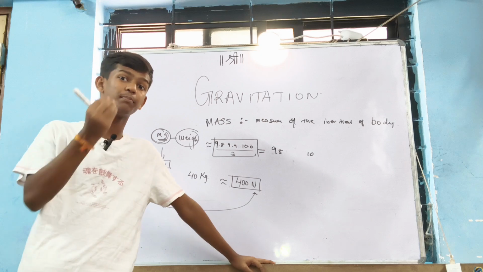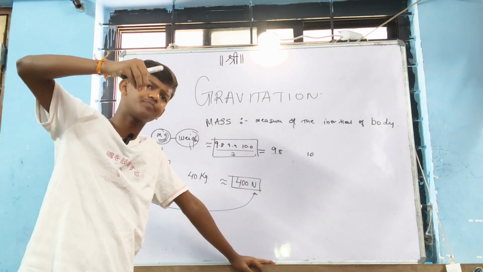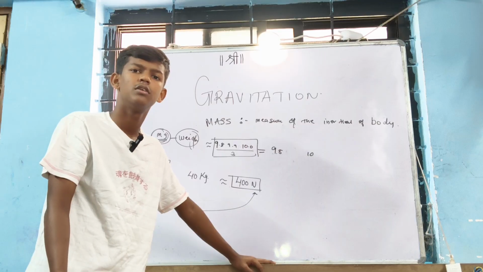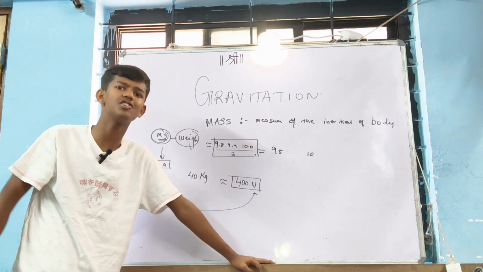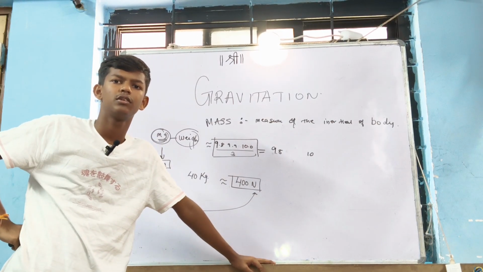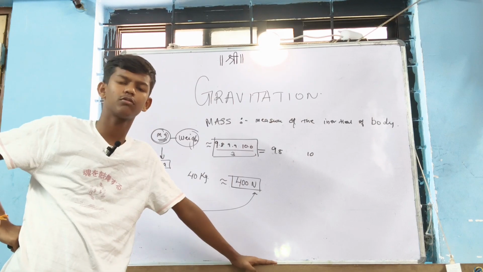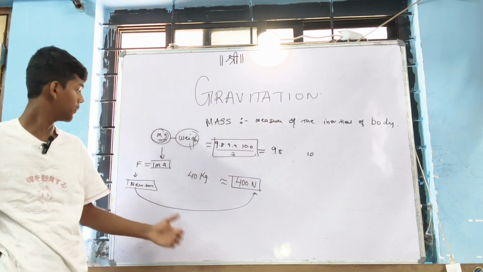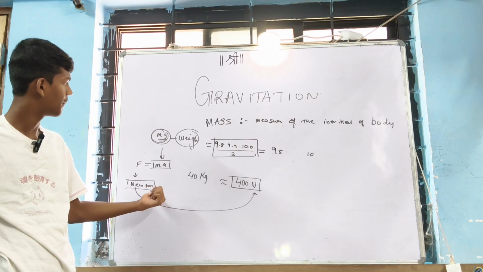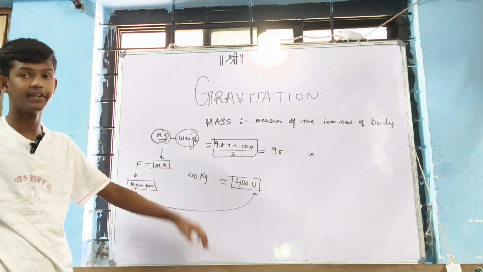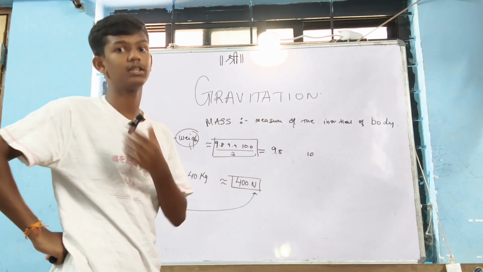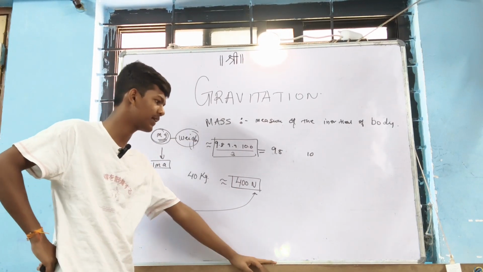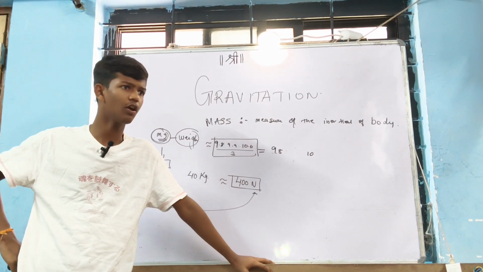So we came across what mass is. Mass is the number of particles. It will not change, wherever you go. It will never change; it will be the same. But the variations come while calculating the weight, because on the moon the number varies, and on other planets also.